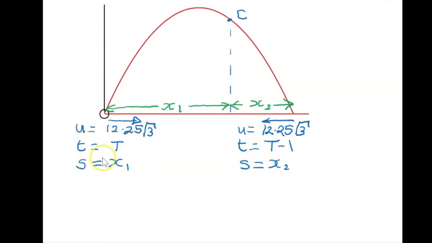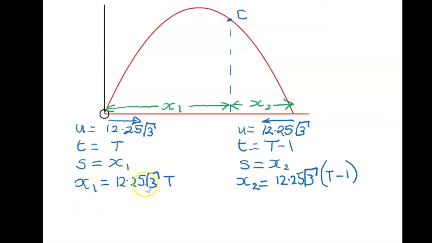Both of these have no acceleration because we're just thinking about moving horizontally, so we can just use speed as distance over time, or distance is equal to speed times time. So x1 is 12.25 root 3 times t, and x2 is 12.25 root 3 times t minus 1.